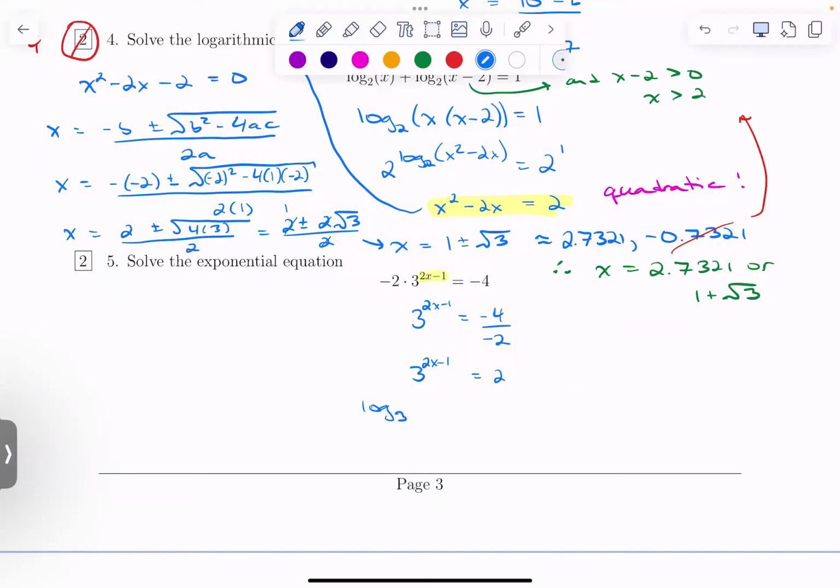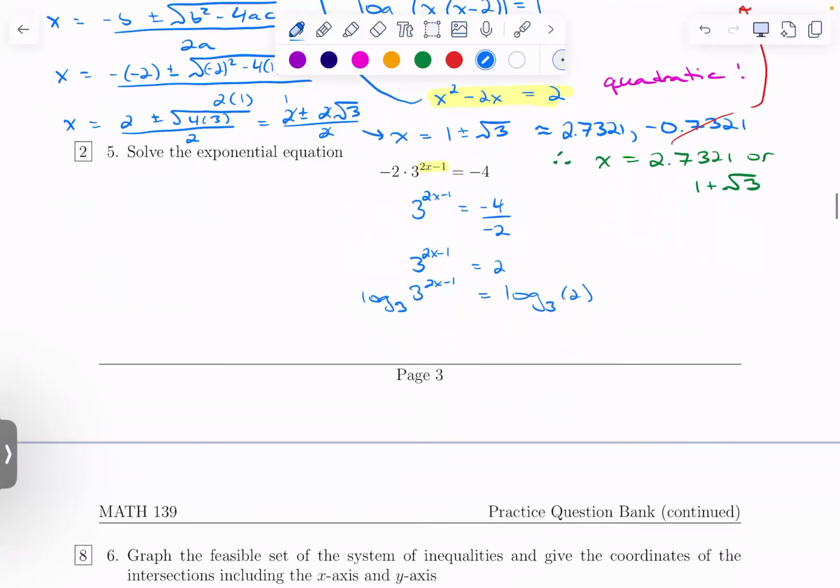Log base 3 of 3 to the 2x minus 1 is equal to log base 3 of 2. We used the base of 3 because we had a base of 3 in the exponential function. Now those log laws let me bring down the 2x minus 1.